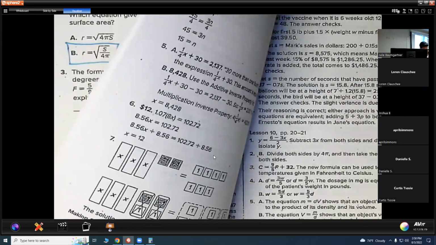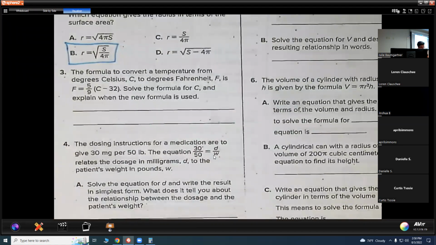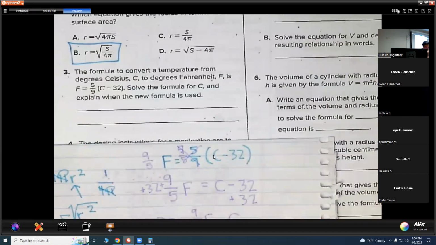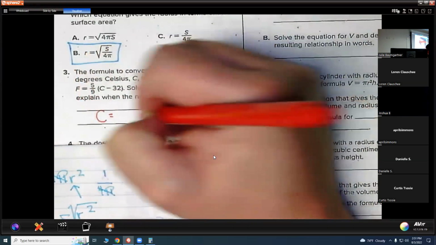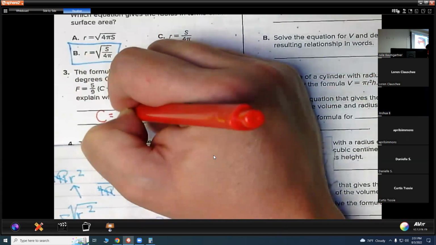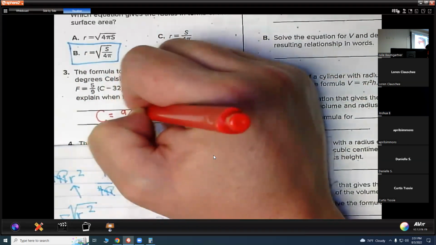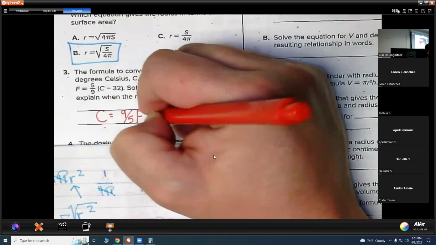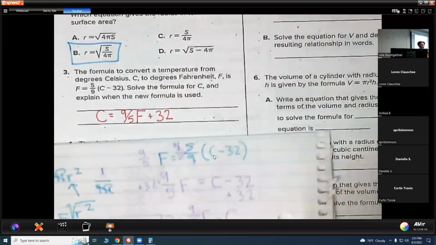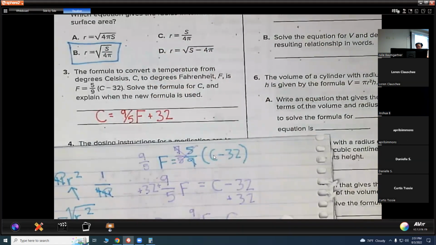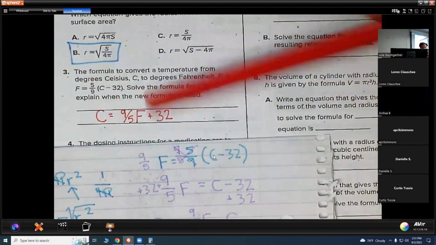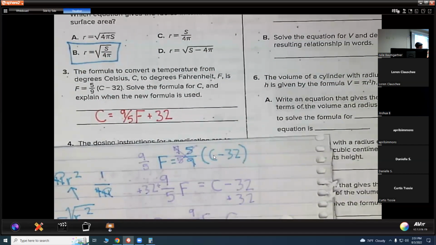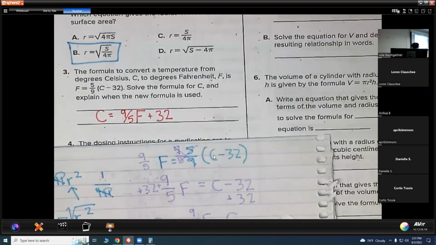Good. So C equals 9/5 times F plus 32. Of course, if you're going abroad, you might need to use this to calculate the temperature if you're not good at knowing what Celsius temperatures mean.